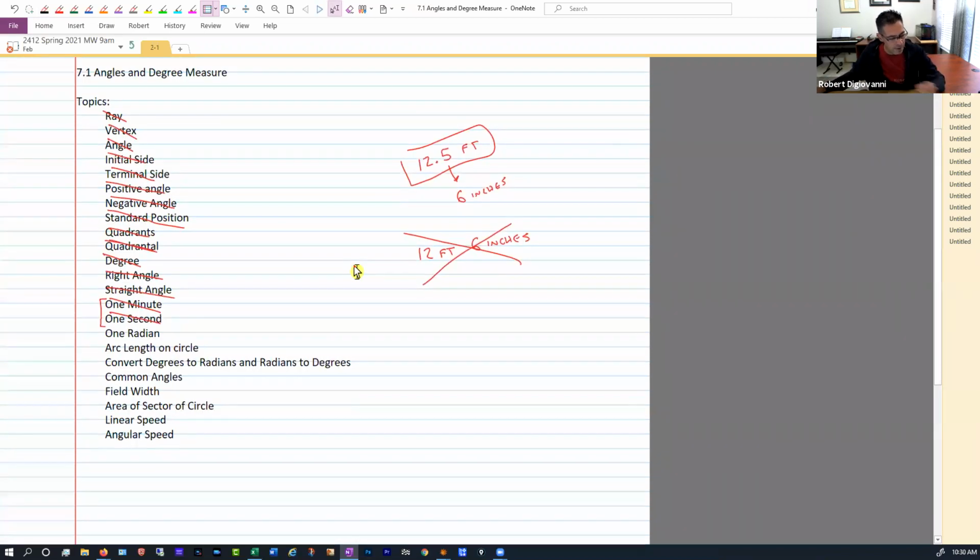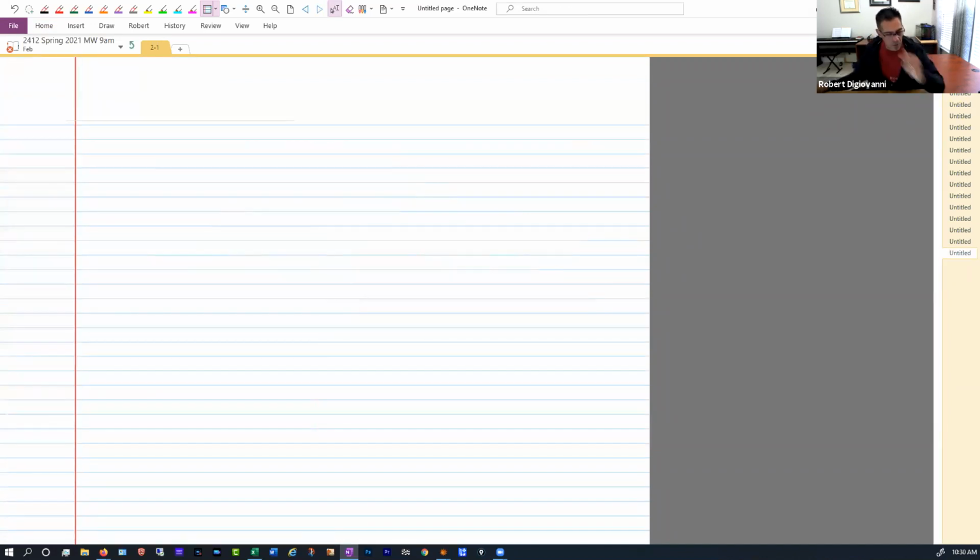Okay, let me go here. 1 radian. Arc length on unit circle. Okay, I got that. Okay, converting the degrees to radians and radians to degrees. So converting degrees to radians, and then also how do we go from radians to degrees?